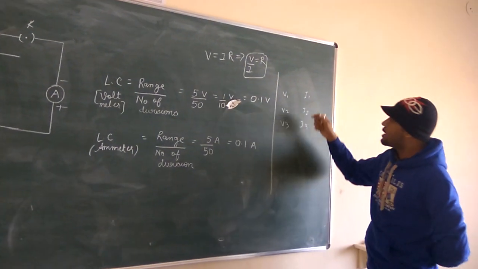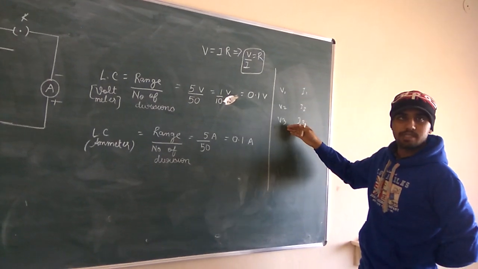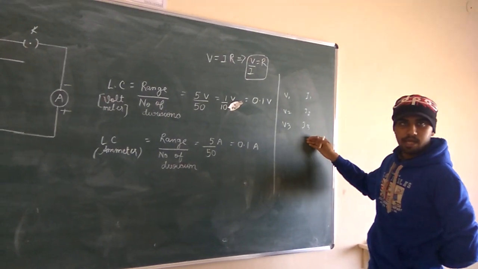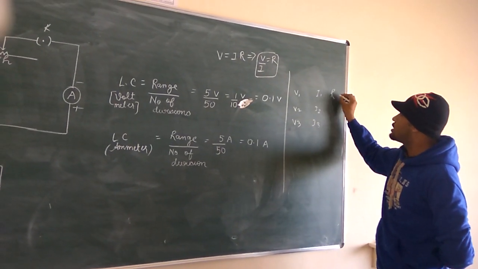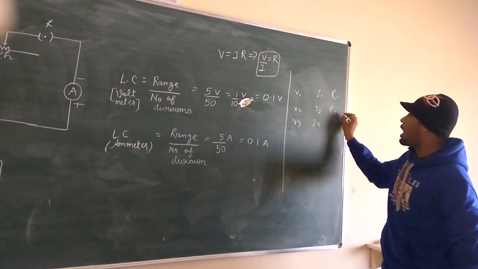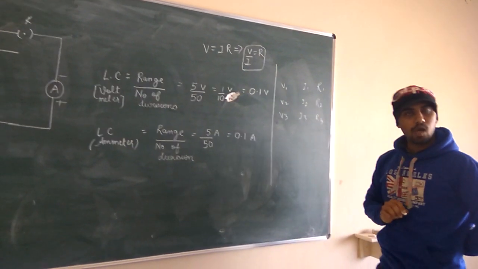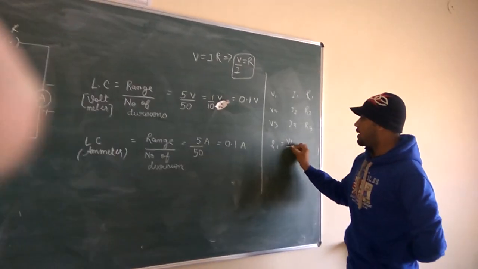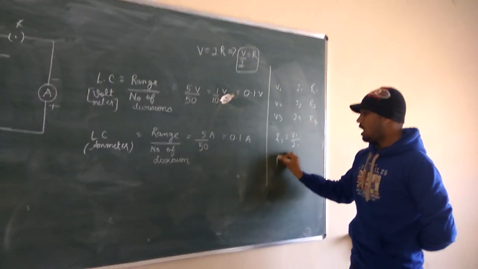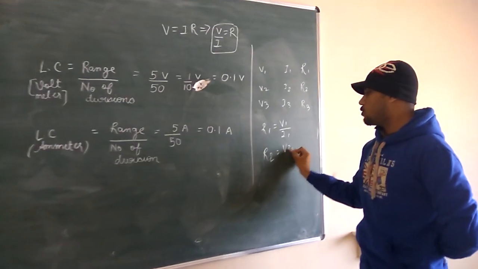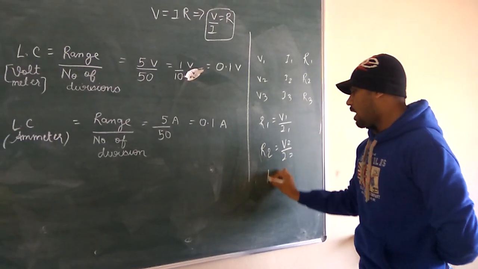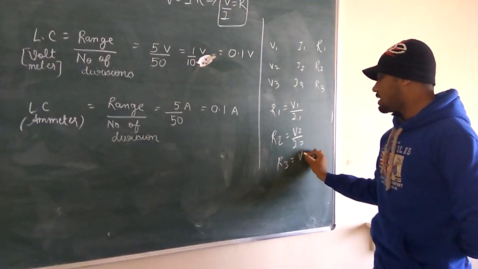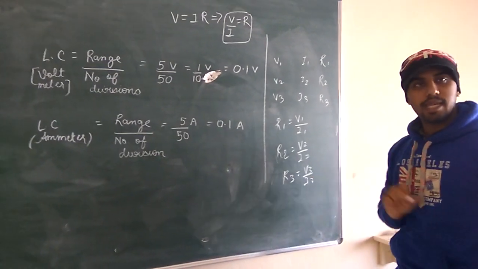We have taken 3 readings, V1, V2, V3 and I1, I2, I3, corresponding to which we get R1, R2 and R3. R1 is equal to V1 by I1, R2 is equal to V2 by I2, and R3 is equal to V3 by I3.